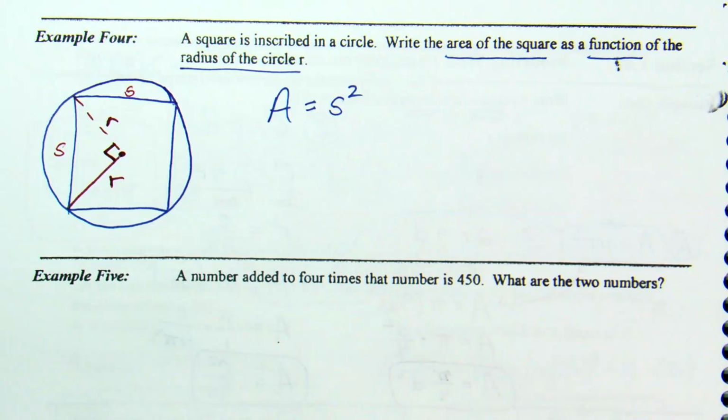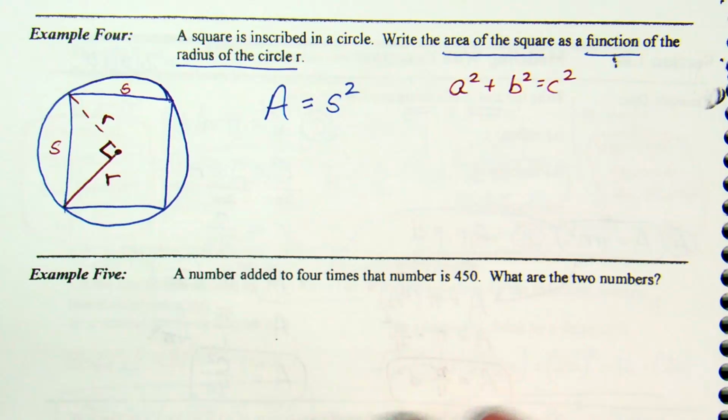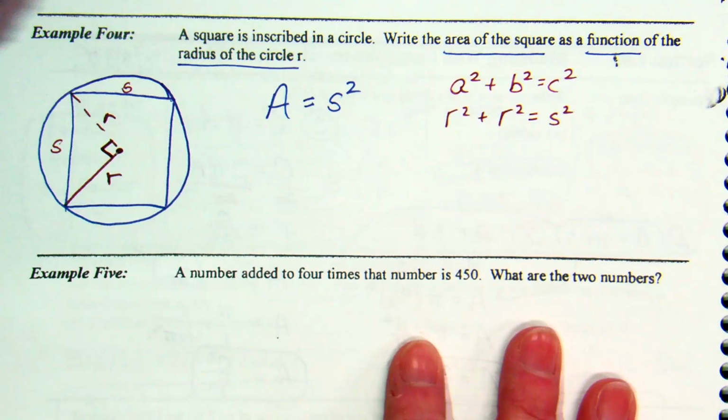Again, some of you will see a shortcut. What do we do with this S value? Plug it in. So, instead of area being S squared, area is going to be R square root of 2 squared. What happens when you square that back? We're right back at 2R squared.